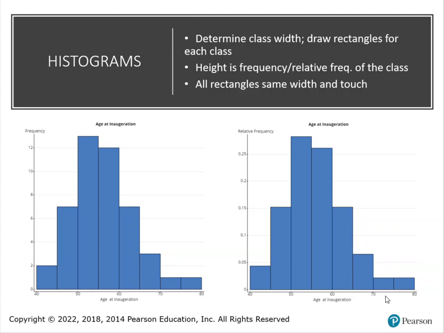Just as in a bar graph, the height of our bars in the histogram are going to be relative to that category or that class size. And the characteristic for histograms compared to bar graphs is that the rectangles are going to have the same width, and this time they're actually going to touch. So this is our first graphical display for quantitative variables, and you also saw at the beginning of this video how to display the data using frequency and relative frequency tables.